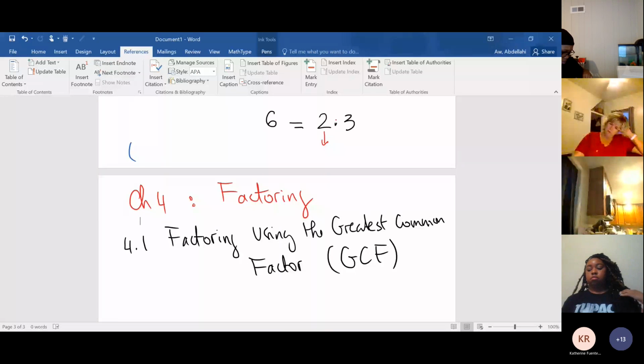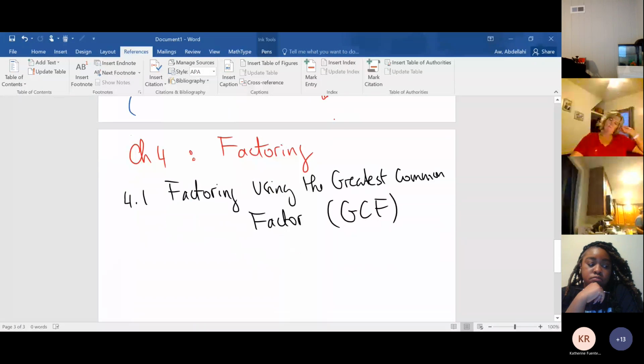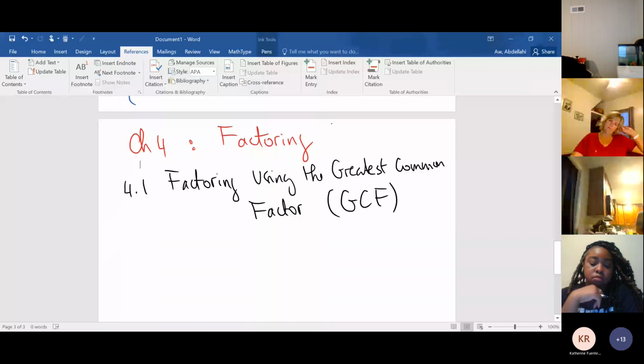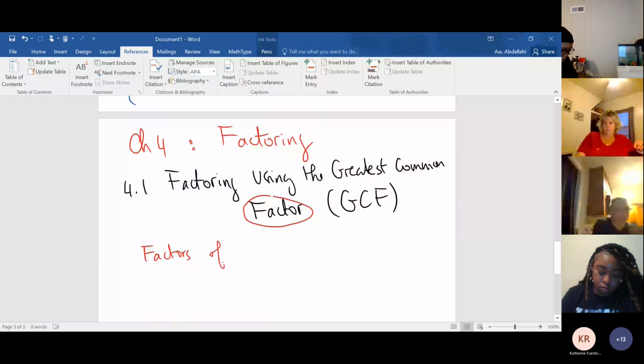Now we're going to see some methods of that. The first one is just to recognize the greatest common factor and to factor it out. But first, in the greatest common factor, we have the technical word factor. For example, what are the factors of 6?